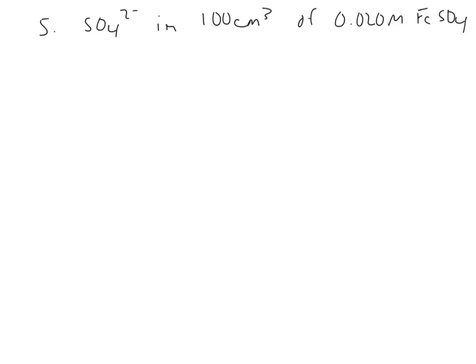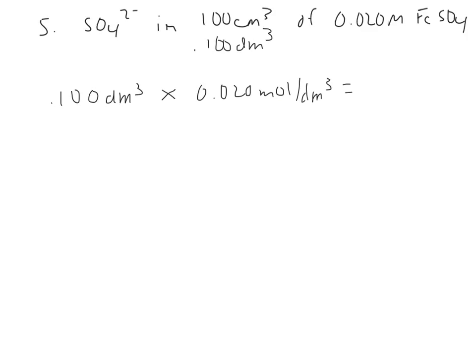Question number 5 wants to know how many sulfate ions you could expect in 100 cubic centimeters of 0.020 molar FeSO4. So the first thing is to find out how many moles of FeSO4 this is. If I have 100 centimeters cubed, I can divide by 1,000, and this is really 0.100 decimeters cubed. And 0.100 decimeters cubed times a concentration of 0.020 moles per decimeter cubed means we're dealing with 0.0020 moles of FeSO4.